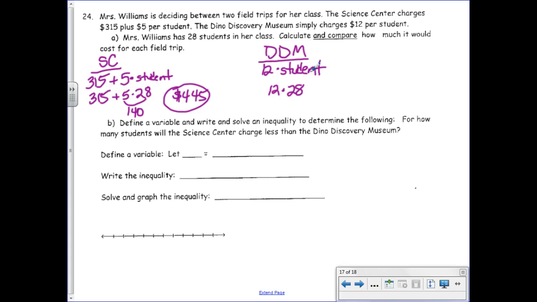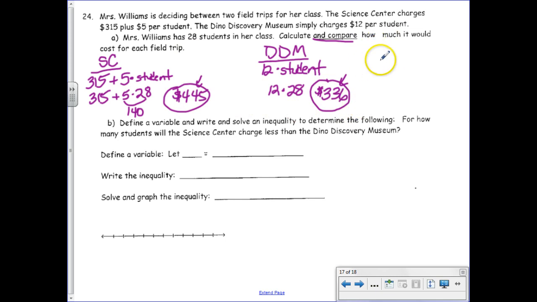And on this one, if you either do it in your head or do it by calculator, you get $336. Now, hold on. Calculate. You calculated this one costs this much, this one costs this much, but that's why I underlined compare. Write a statement to tell me something about what you found.